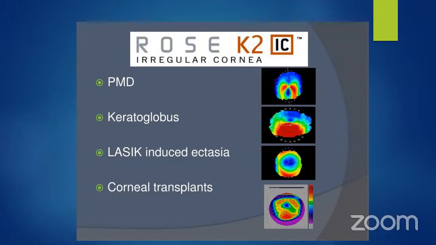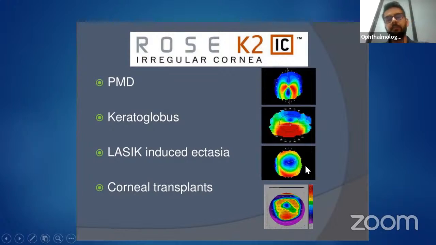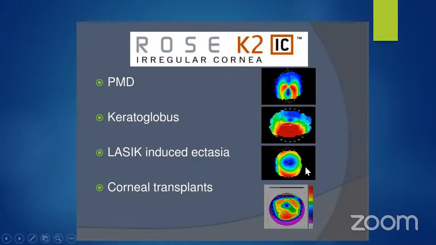Because when you do LASIK, you flatten the center part. And anything which is irregular, like a corneal transplant, if somebody has undergone a PK or DALK, there may be multiple areas of suturing, which will cause it to be irregular.